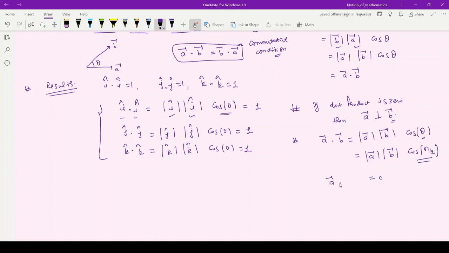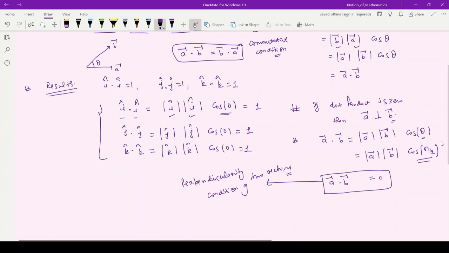So A vector dot B vector is 0, and it is the perpendicularity condition of two vectors.